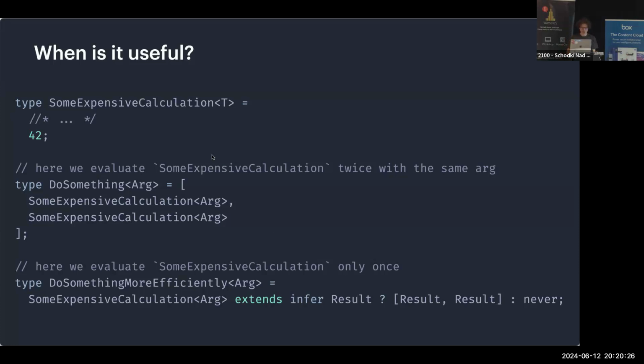Imagine we have some expensive type, maybe it's a recursive type or something like this, and we want to call it twice here with the same argument. We know that it's going to be the same result. So instead, we could do this expensive calculation once, assign it to a result like here, and then in the if branch, we can reference it as many times as we want, and it won't cost us anything more.